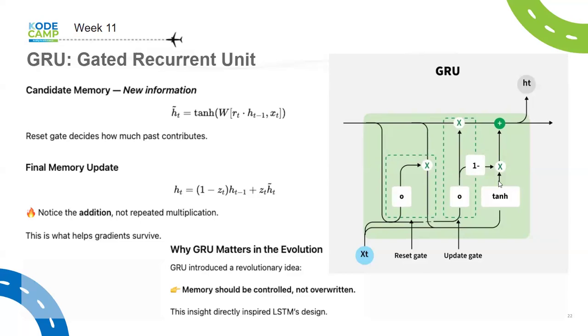The input X is also used to generate this. The 1 minus gives us this behavior here, where we are combining these two, but we are flipping it. That is what gives us this.